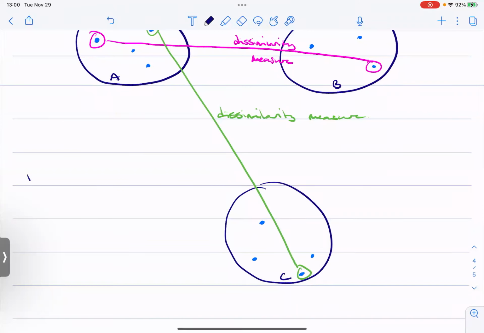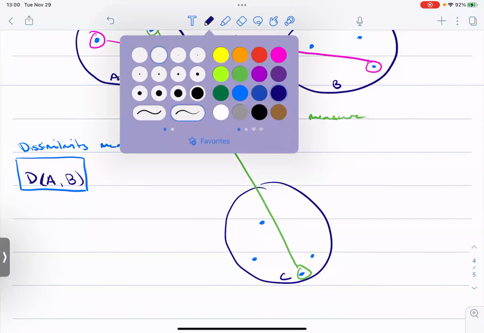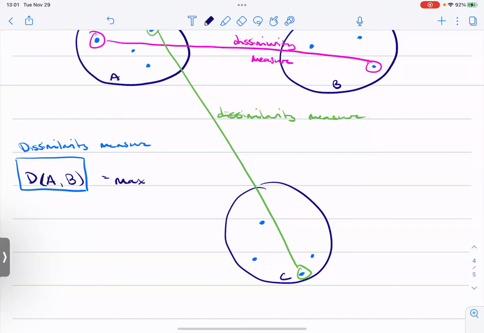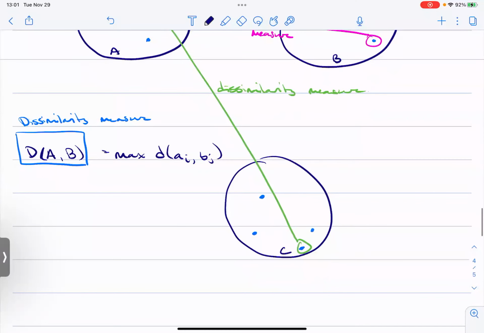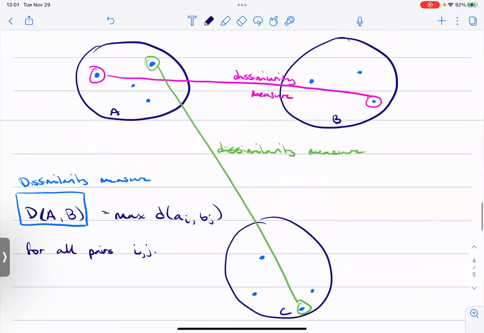So the distance between A and B, or the dissimilarity measure of A and B, in this case, is the maximum distance between A_i, B_j for all pairs i, j. So that's the complete linkage.